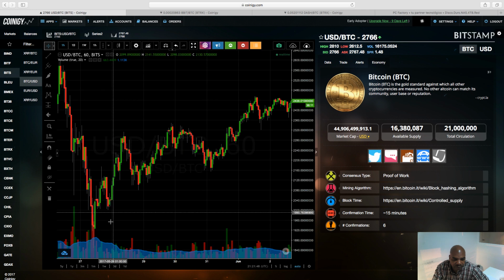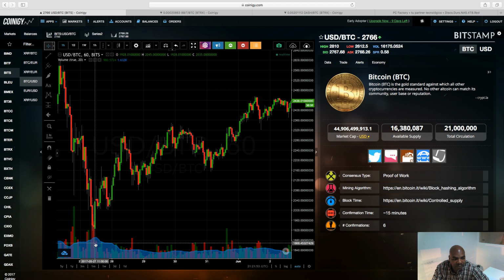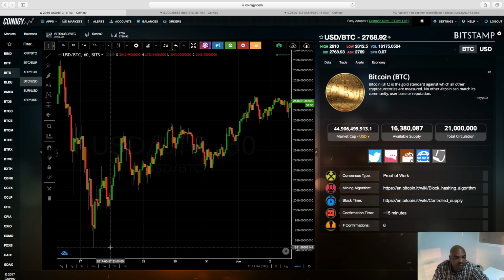This is right after the price just tanked from $2,600 down to almost $1,850. So let's get rid of this volume indicator so we can see it a little better. So it tanked at almost 1850, and then it created a nice little W pattern and away it went.